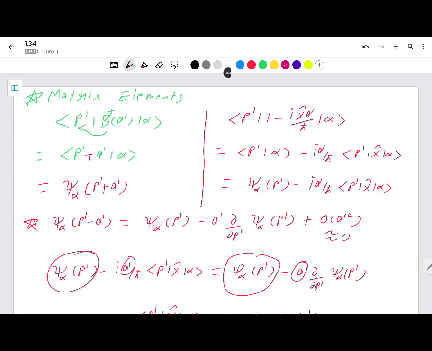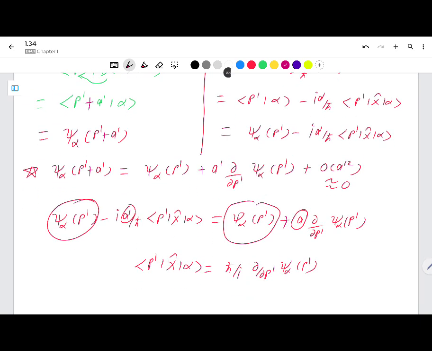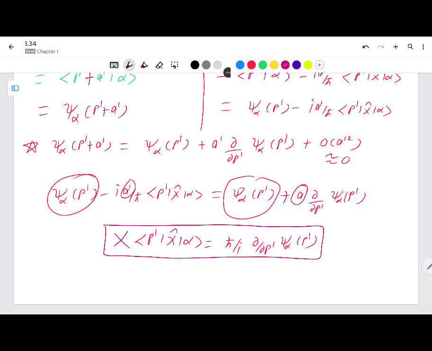This will become plus, this will also become plus, and hence this will lead to plus. So here it will be plus again, and this is wrong. I'll keep it here for the sake of completeness, to show where I made the mistake.